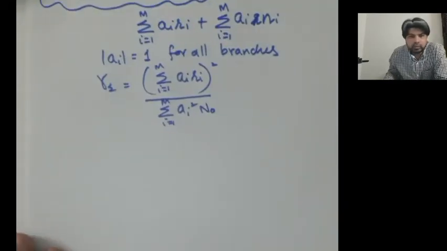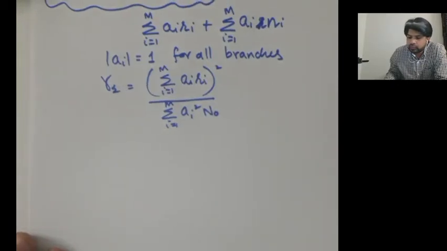Remember that was N total for maximal ratio combining as well.